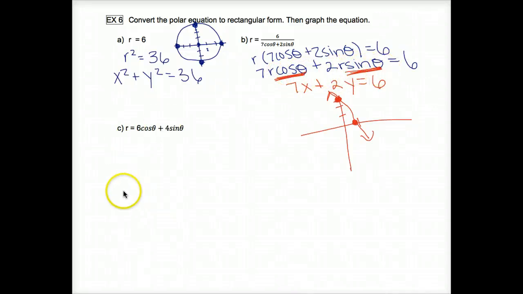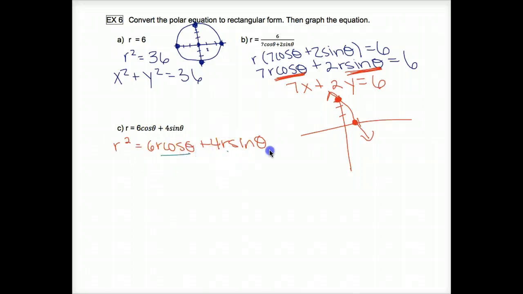So in this case, the way that I would be able to get that would be to multiply both sides by r. So that gives me r squared on the left, 6r cosine theta plus 4r sine theta on the right, which then allows me to make the substitution.